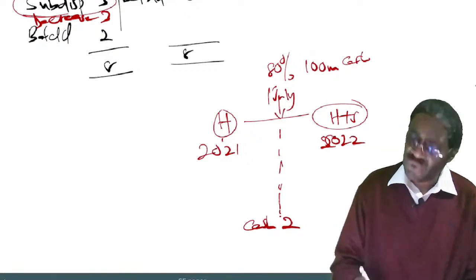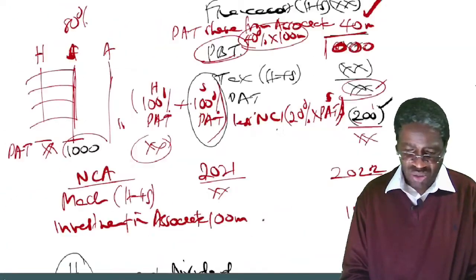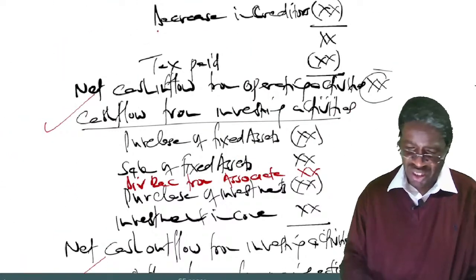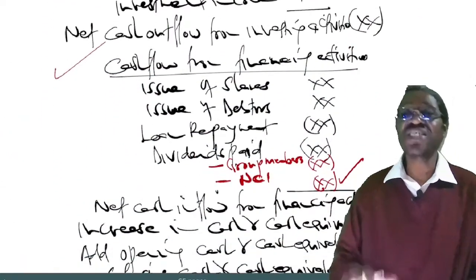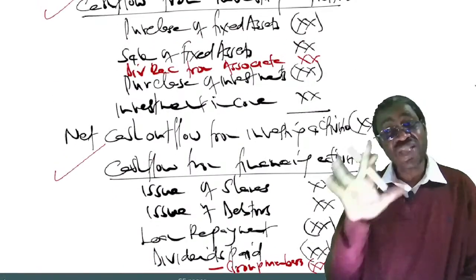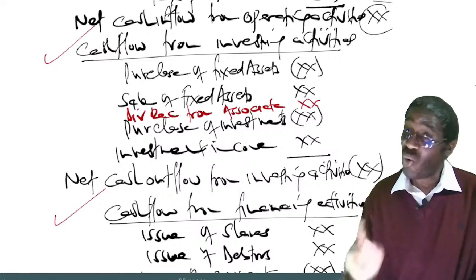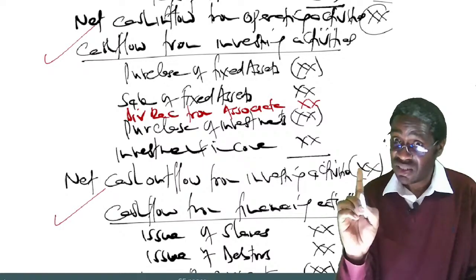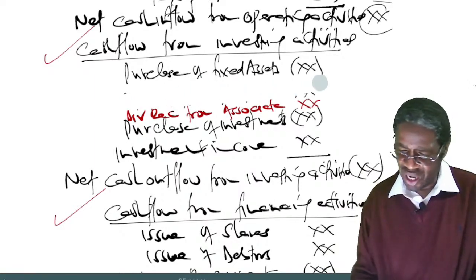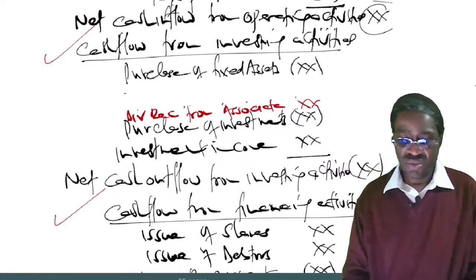So in your cash flow statement, where we were doing the format, listen to this now. When we were discussing the format of a cash flow, among the investing activities here, we are acquiring a subsidiary.